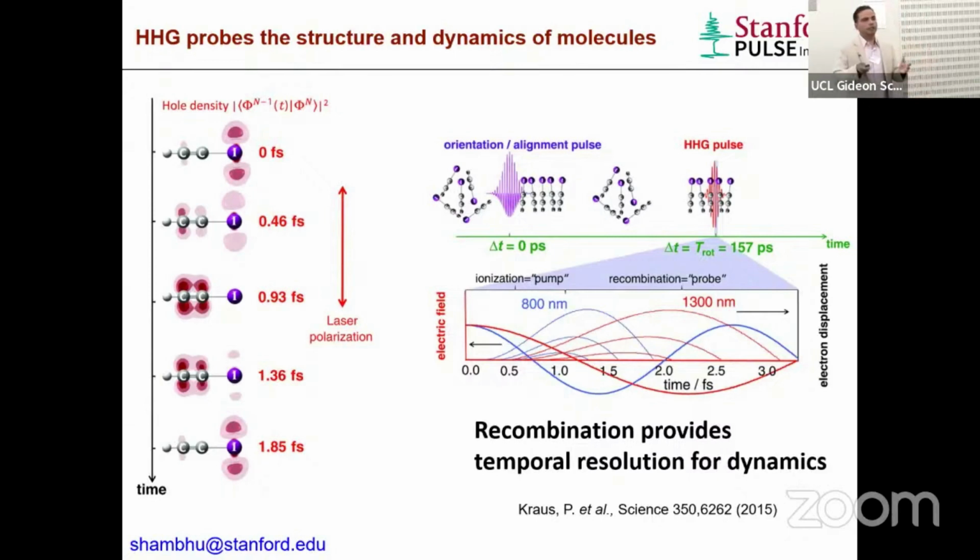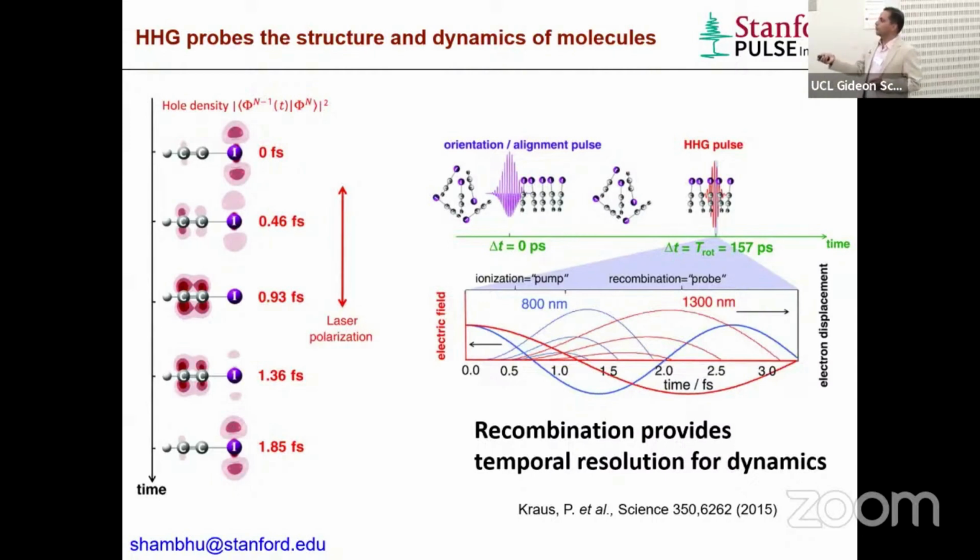So if there is any dynamics going on in the target molecule itself, and you know the exact return time of the electron, you have the ability to probe the dynamics of the evolving molecule.